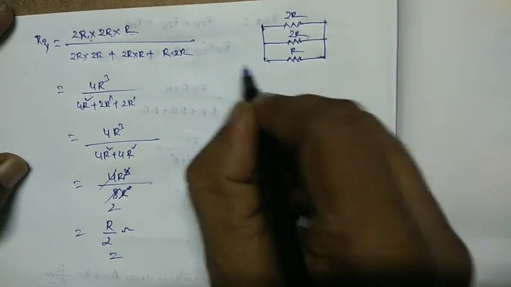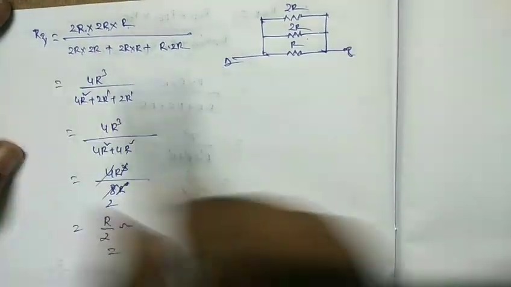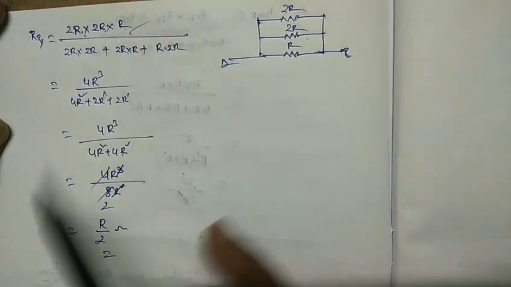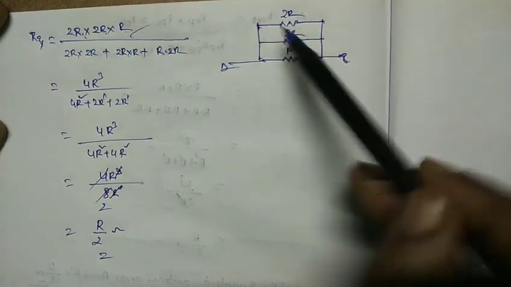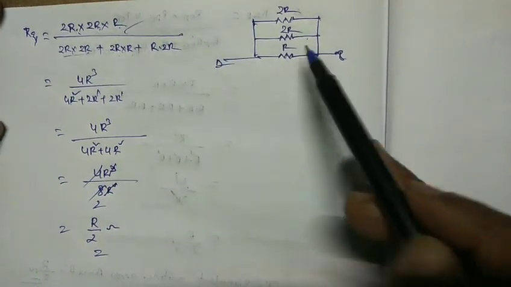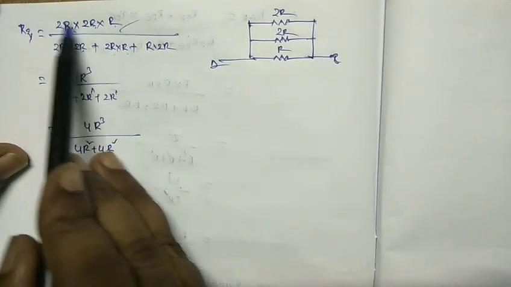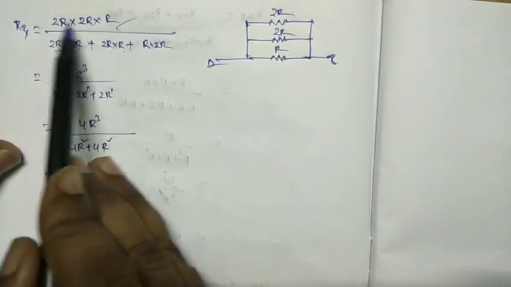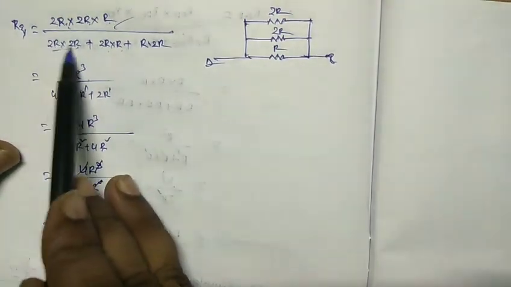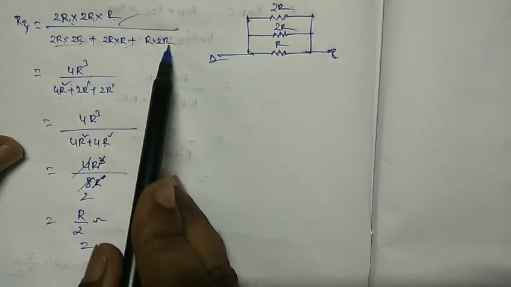All are in parallel across A and B. Therefore R equivalent is 2R into 2R into R, by 2R into 2R, plus 2R into R, plus R into 2R.